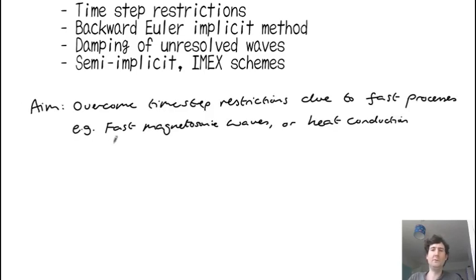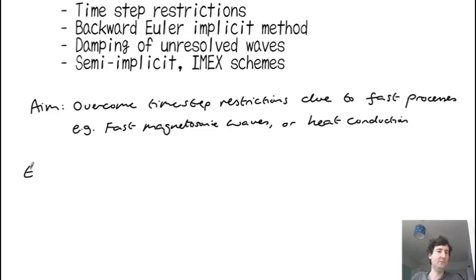Example processes are fast waves, where we might want to step over them, or heat conduction, which is another process that typically limits the time step, because this is extremely fast in high temperature plasmas, and so this can be a limiting factor in the time step. And so we want to try and overcome this by using an implicit scheme.